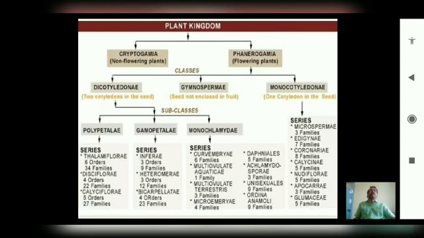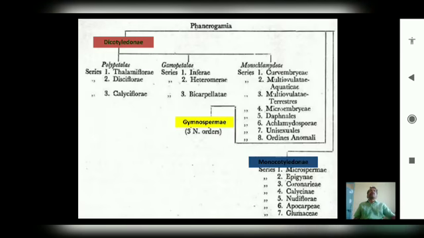This is again a chart showing their system of classification, and here you can see only the dicots and monocots and their grouping. So the dicots were divided into polypetalae, gammopetalae and monoclamidae.